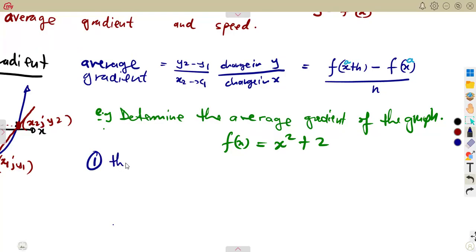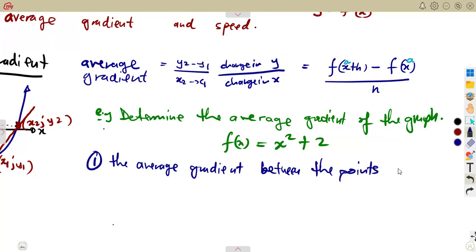So the average gradient is taken between the points, all right, and these points are given as x. So this is the condition. If you have x like this, it means y, because you're supposed to have x and y. Remember, a point is supposed to be x versus y.